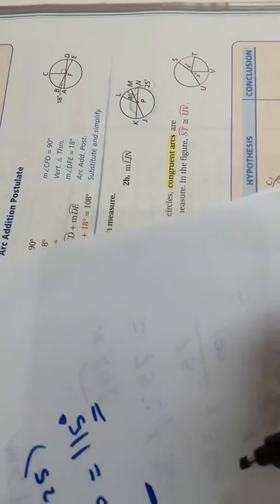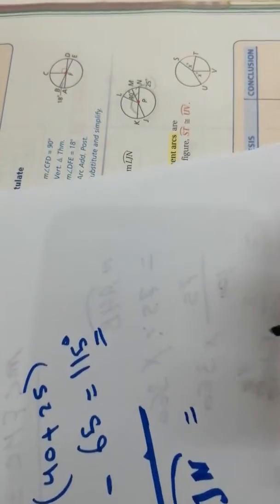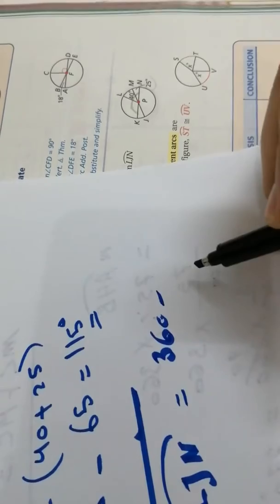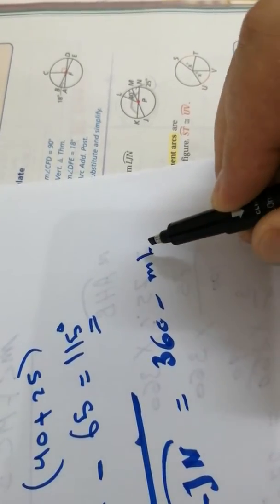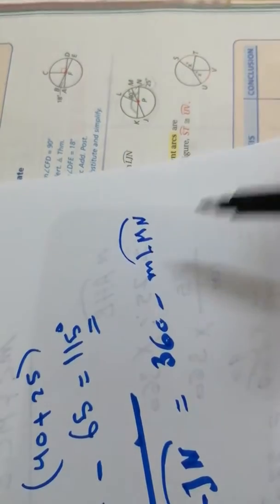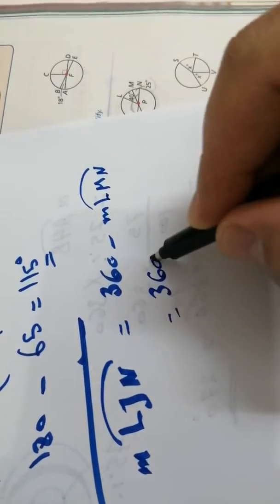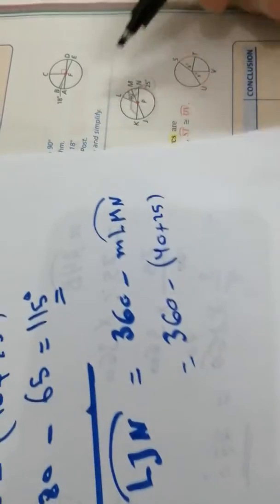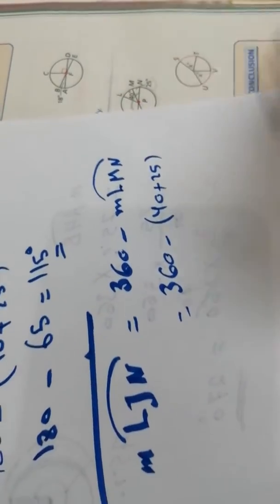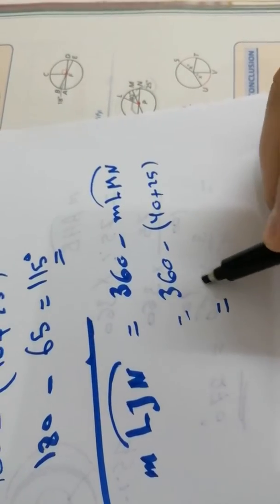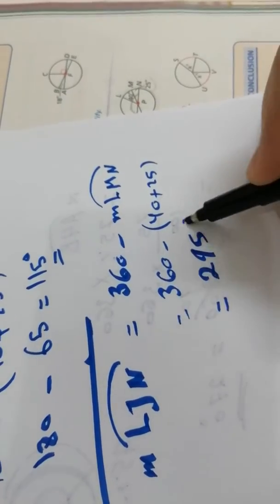You can write measure of arc LJN equal 360 minus measure of arc LMN minor arc. 360 minus open bracket 40 plus 25, because this is 40 plus 25, so it will be 360 minus 65, it will be 295 degrees. This is the answer of the second one.